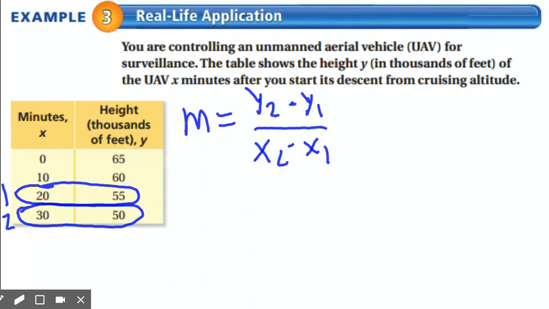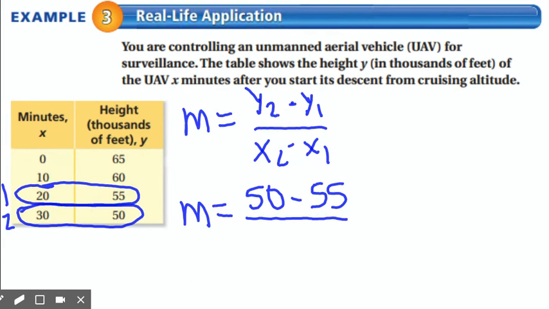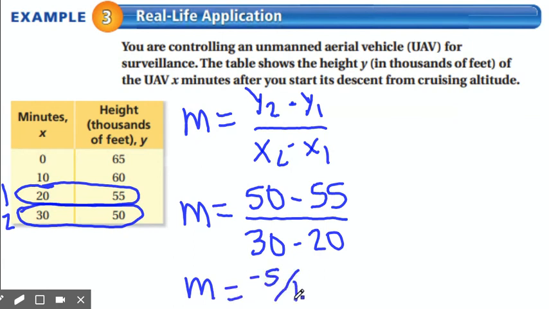If we're going to go ahead and plug those in, then m equals our y2 is 50 minus our y1 is 55 all over x2 minus x1 would be 30 minus 20, which gives us negative 5 over 10 or negative 1/2. So we know our slope is negative 1/2.